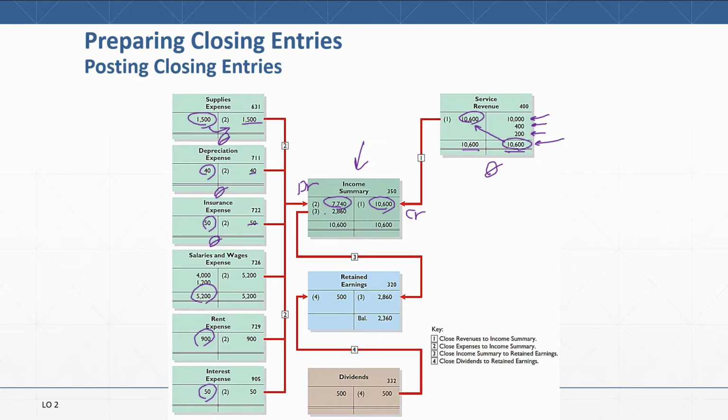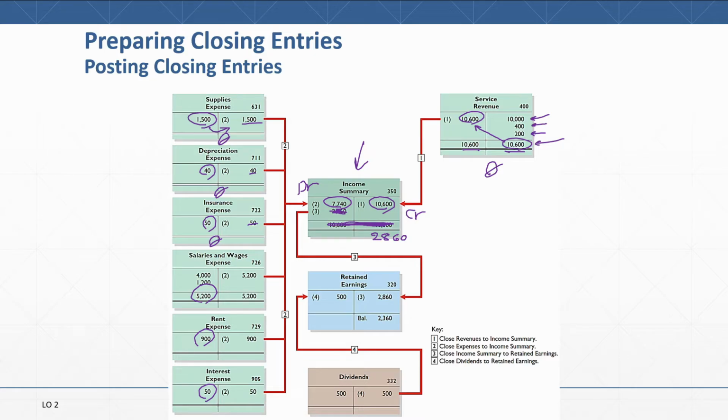The difference, or the balance, is 2,860. Okay, that's the current balance before closing.